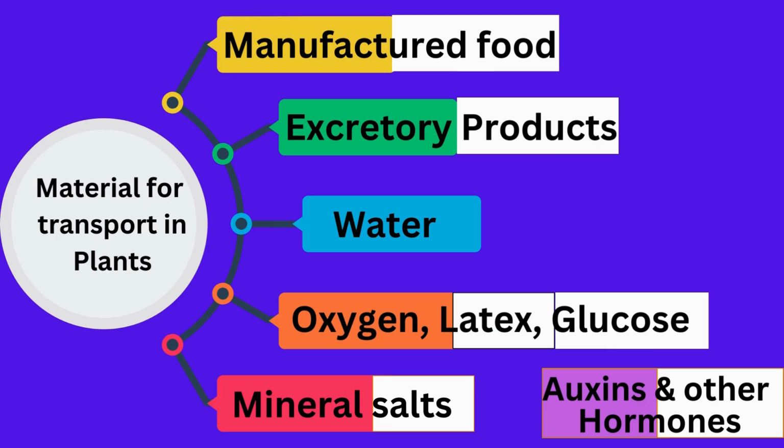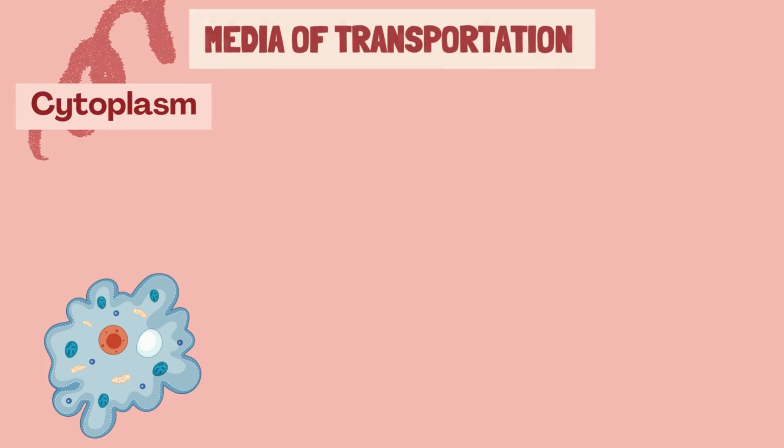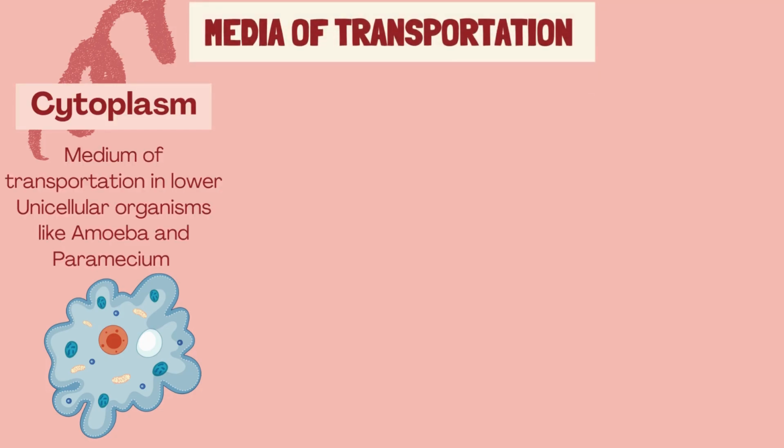Now, various living organisms, including unicellular and multicellular organisms, have different media of transportation. Now, we are going to look at these media of transportation one after the other. Number 1 is the cytoplasm. Cytoplasm is the main medium of transportation in lower unicellular organisms such as amoeba and paramecium.